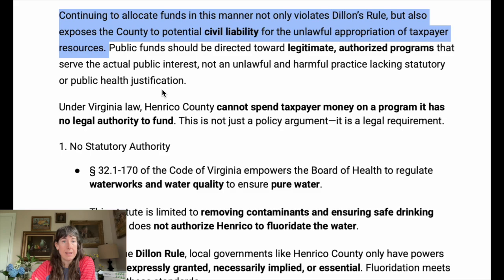I go on to say, continuing to allocate funds in this manner not only violates Dillon's rule, but also exposes the county to potential civil liability for the unlawful appropriation of taxpayer resources.